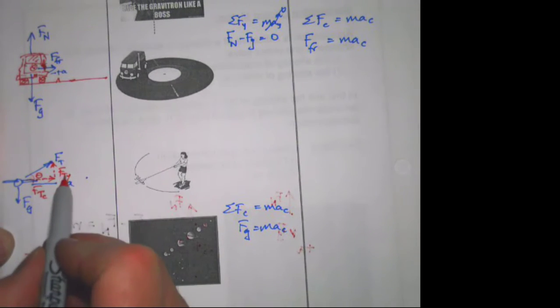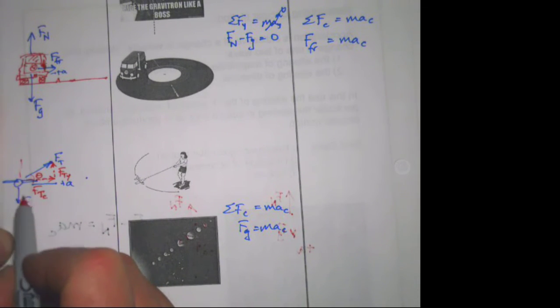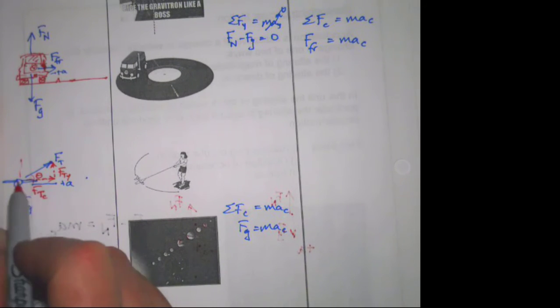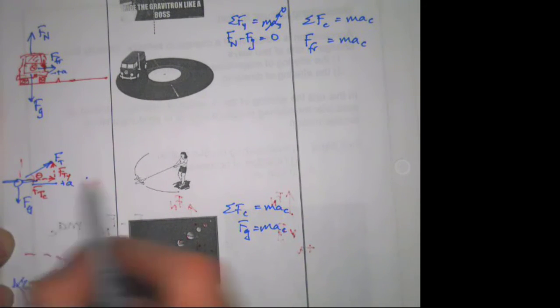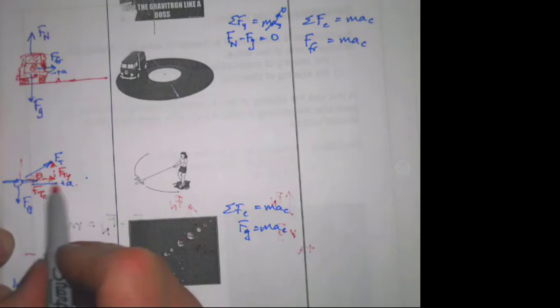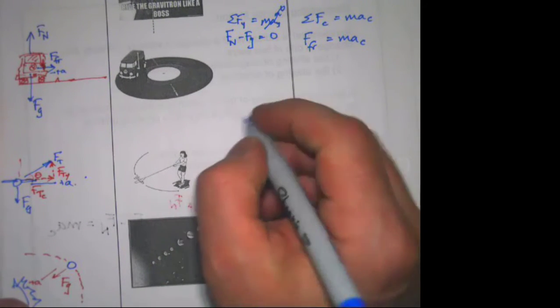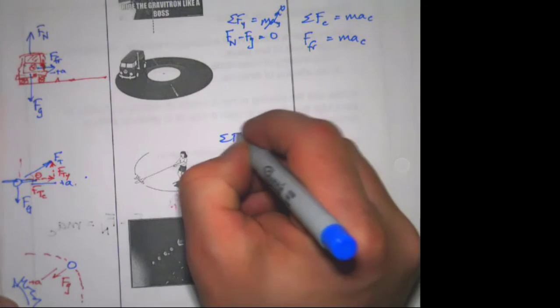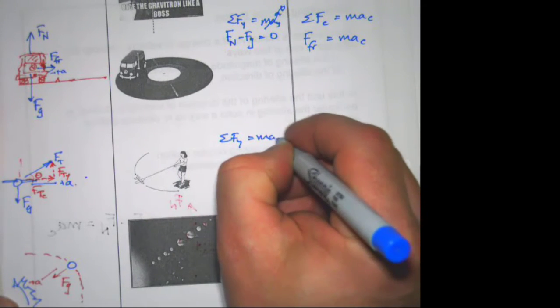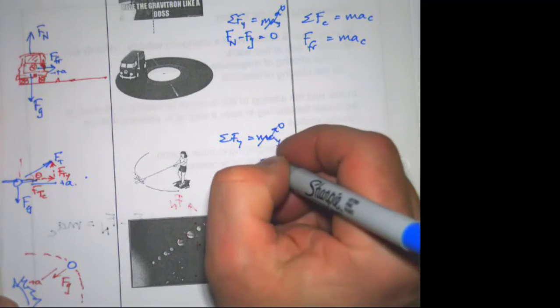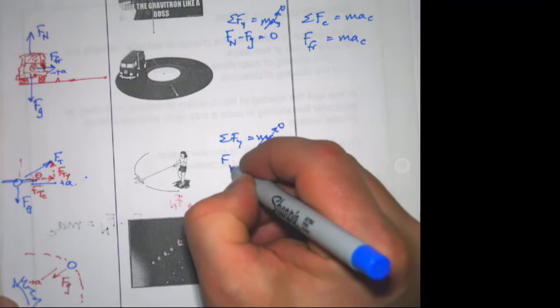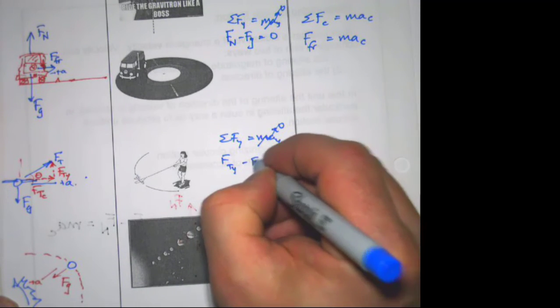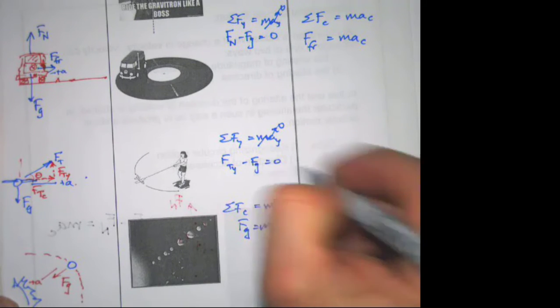So if we drew this over here instead at the point where it's acting, then we could see easily that we have two forces acting in a plane perpendicular to the plane of acceleration, which is where the circle lies, and one force acting in the plane of acceleration. So our two equations are: sum of the forces in the y equals ma in the y, no acceleration up and down, so we get Fty minus Fg equals 0 as one equation.